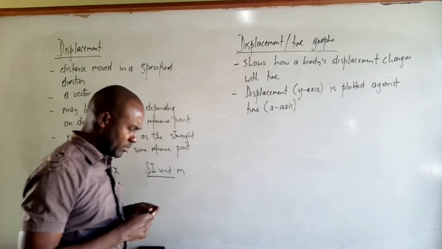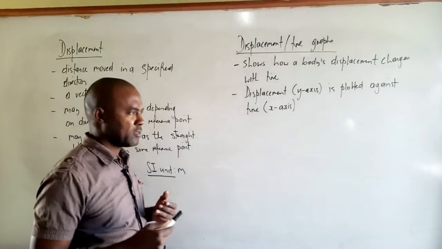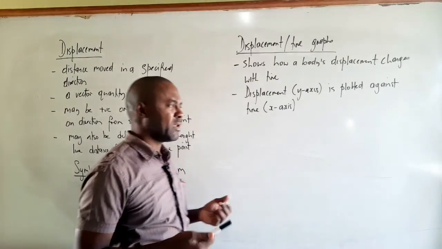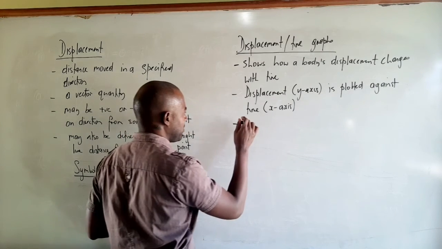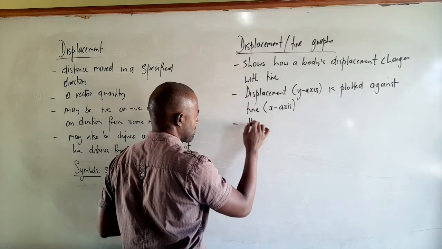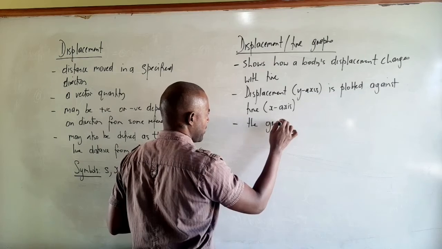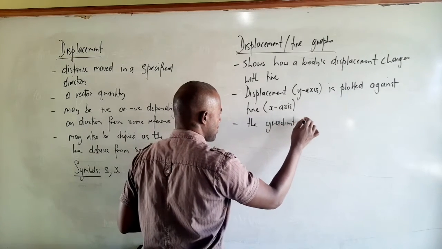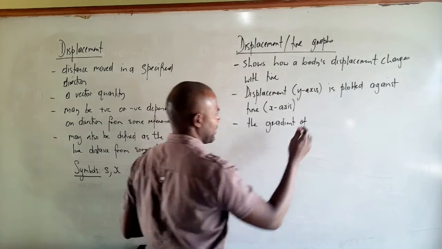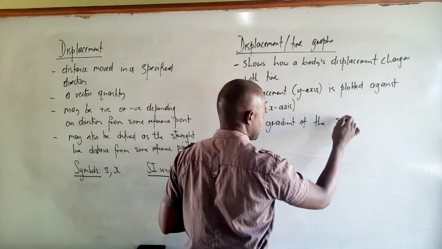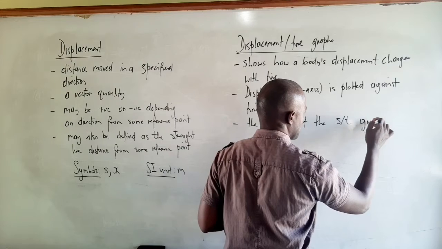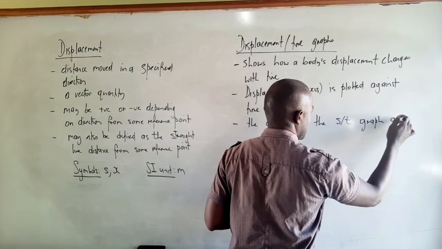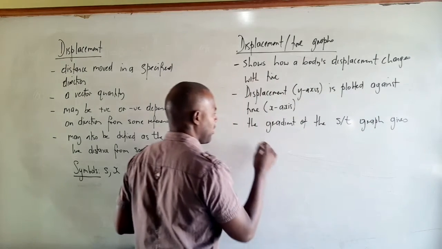Right? Now, what information can we tell from a displacement time graph? We can examine the gradient of the graph. The gradient of the displacement time graph, we'll just write S/T, gives velocity.